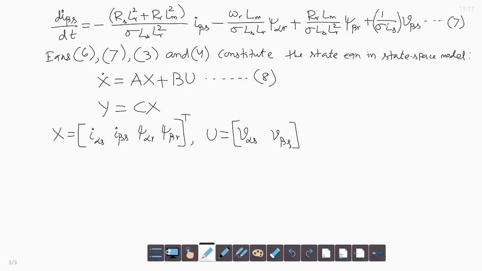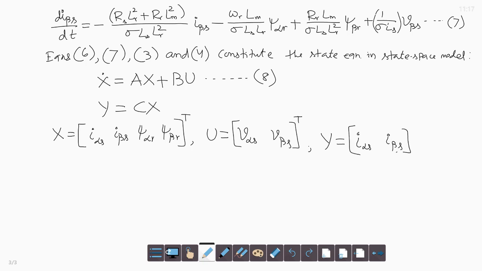So, in the alpha beta frame the voltage components are v alpha s and v beta s. This is the input vector. And what is the output? First are the current components I alpha s and I beta s, the two outputs of this model.